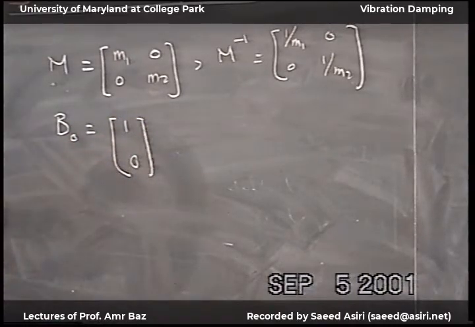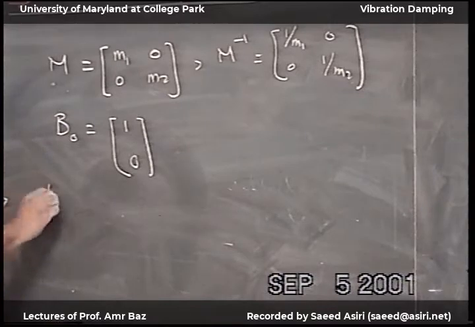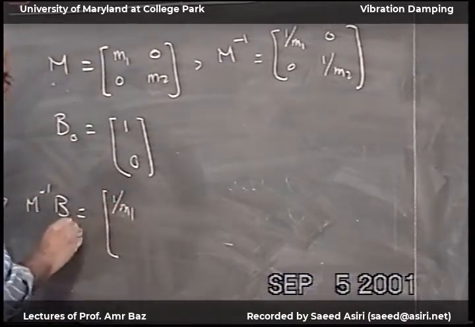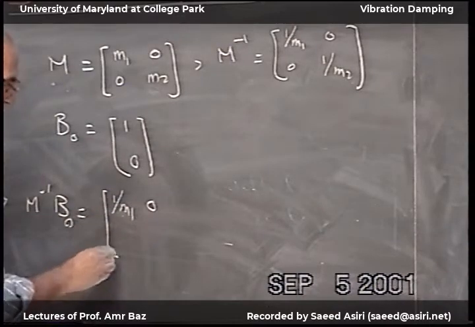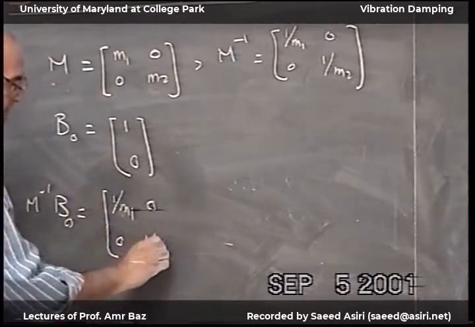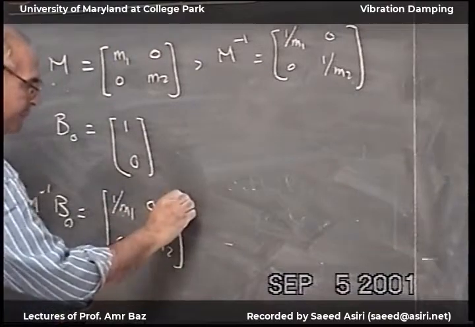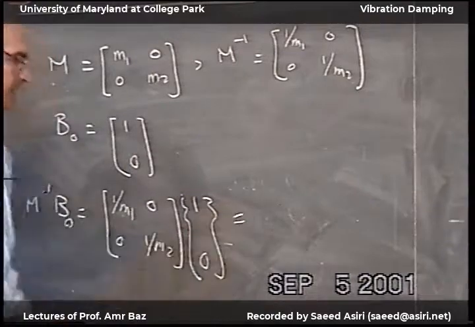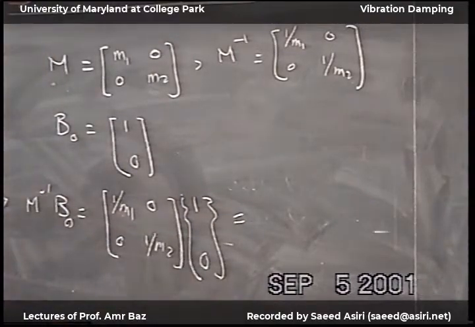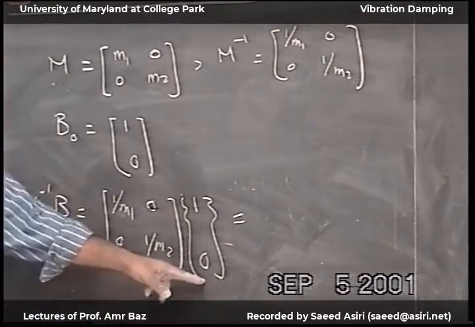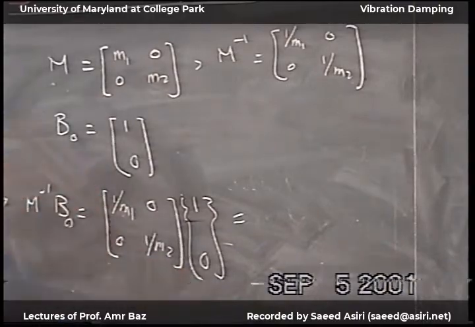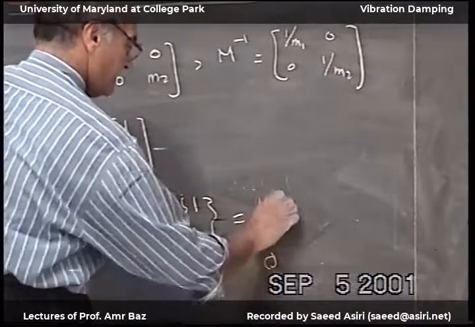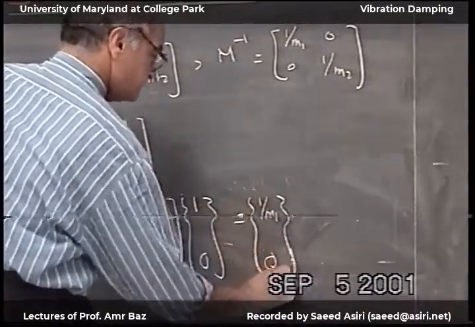Now I'm going to look at M inverse B0. So the M inverse B0, this is 2 by 2 times 2 by 1, so it will be 2 by 1, and this will equal 1 over M1 and 0.